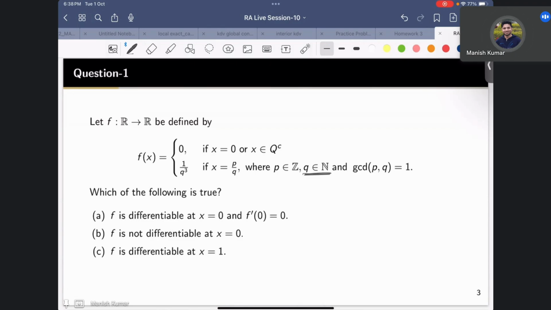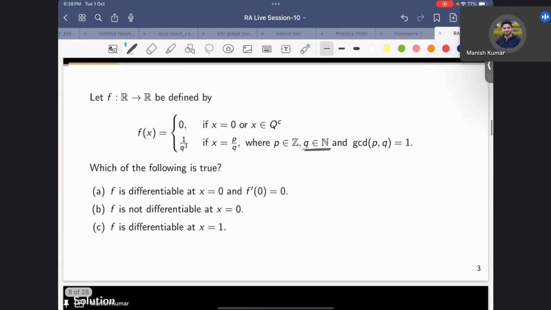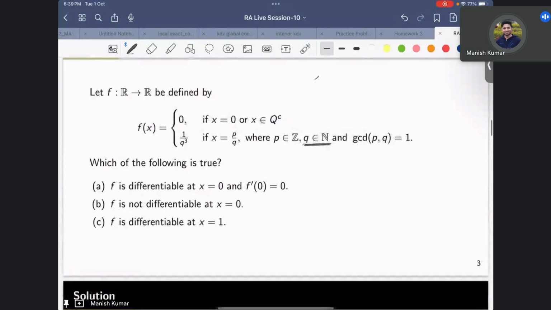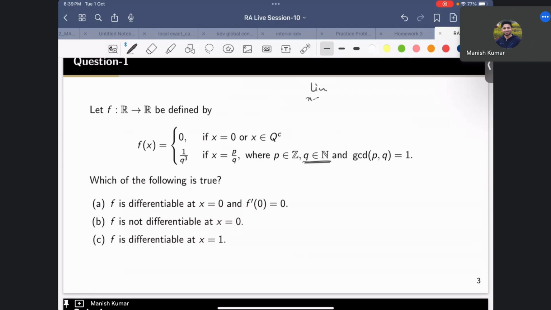So let's try to check the differentiability at 0. For differentiability, this is the definition: the limit as x tends to c of (f(x) - f(c)) upon (x - c) should exist, and then f'(c) would be this limit.